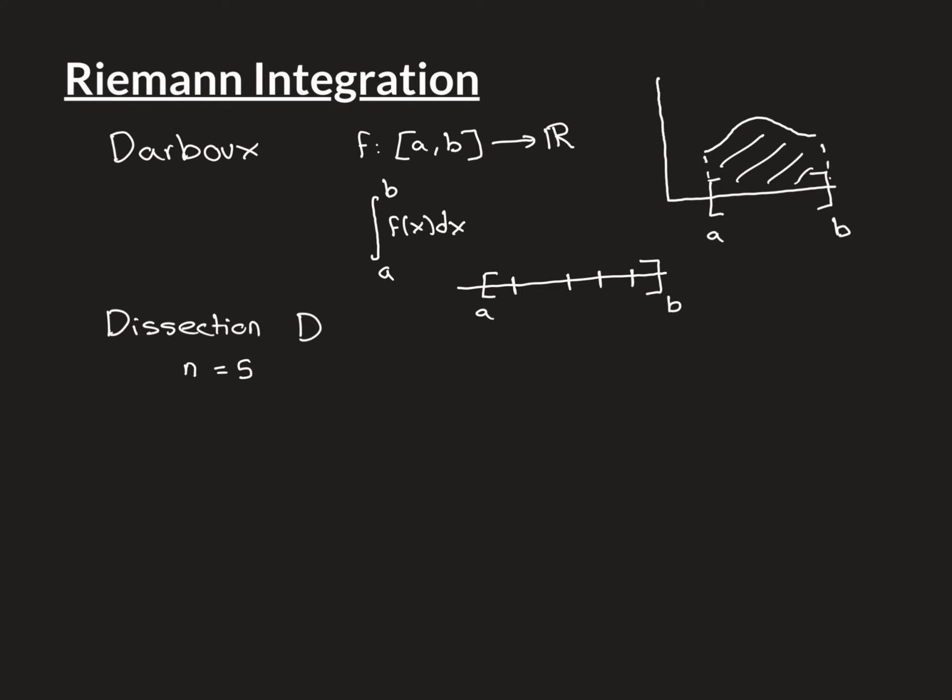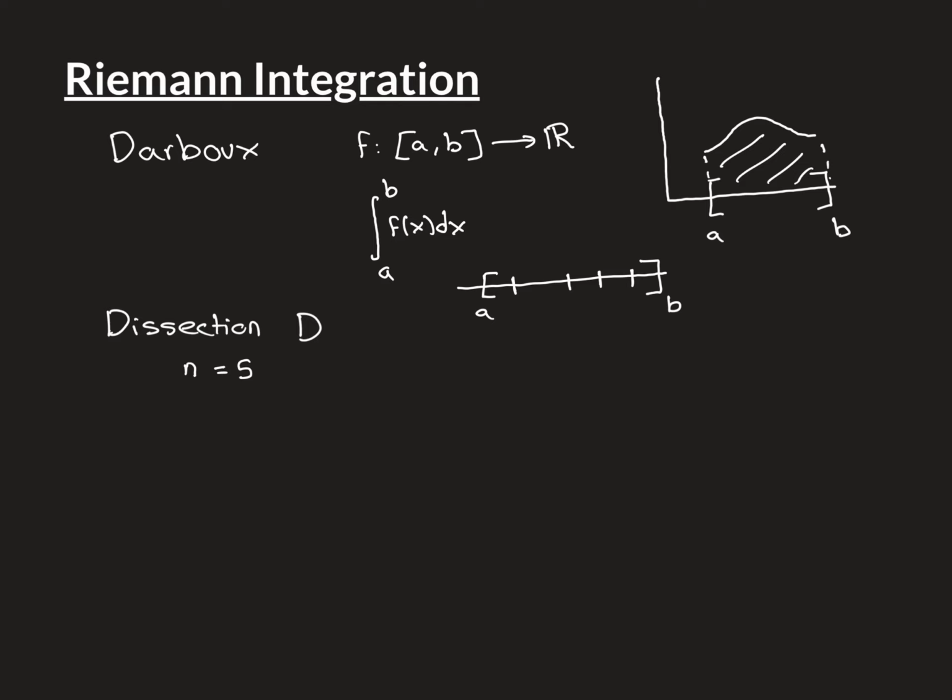To define this dissection, I just need to know where these cuts are going to be. So you've cut the interval here, here, here, here, and you've now dissected it into 5 pieces. The information that defines this is just where those cuts are made.